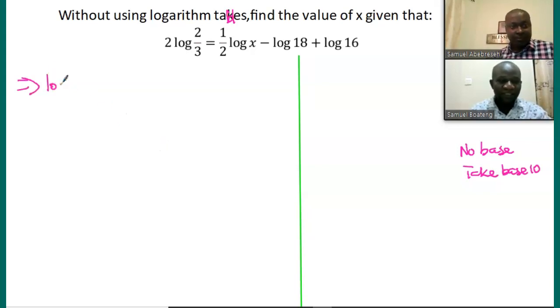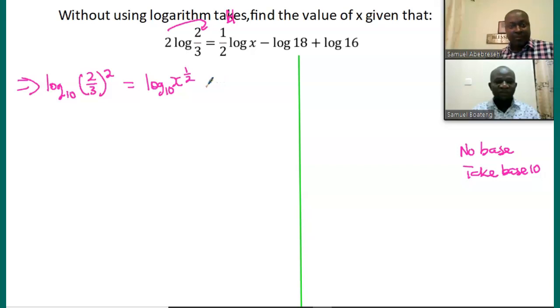We can send the 2 up to the power: log to the base 10 of bracket 2 on 3, all raised to the power 2, which is equal to log x to the power half, minus log 18, plus log 16.